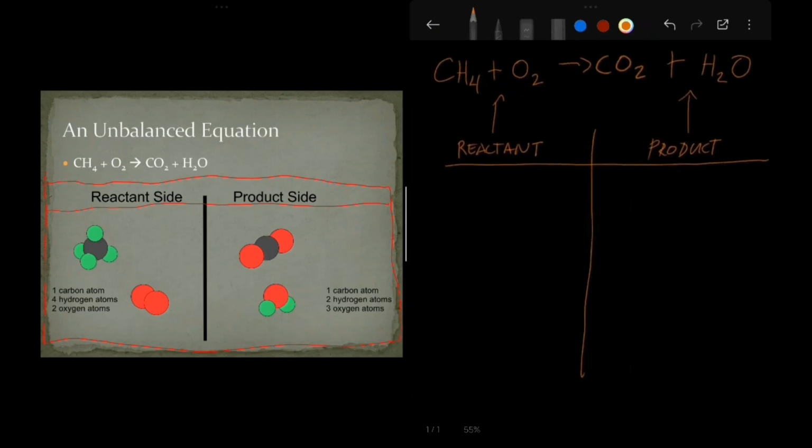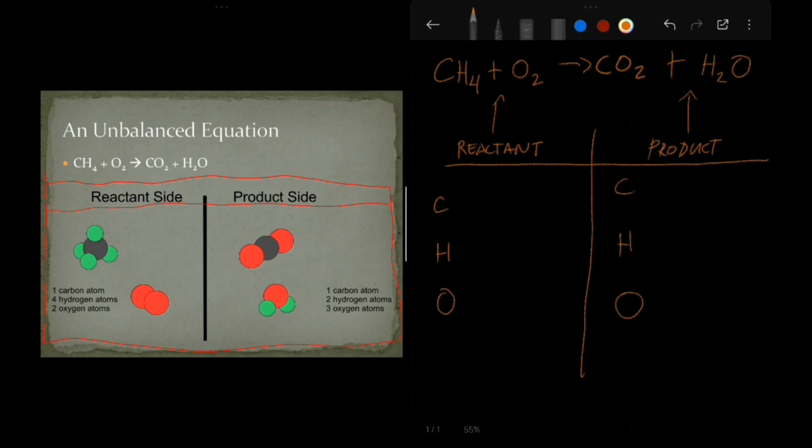Next, list down all the elements that are present. We have carbon, hydrogen, and oxygen for the reactant. On the product side, we also have carbon, hydrogen, and oxygen.